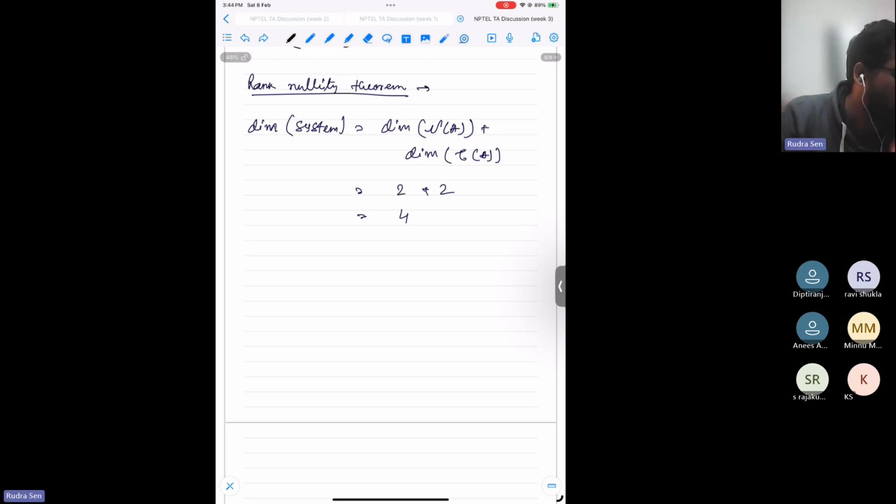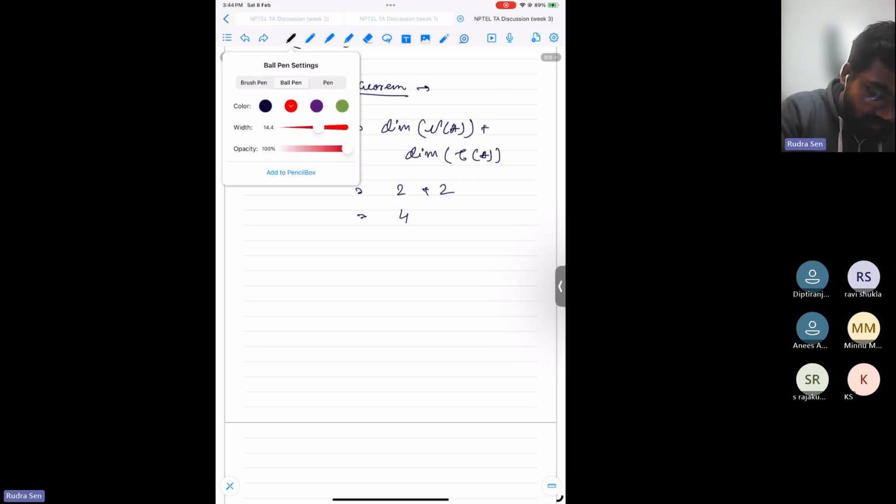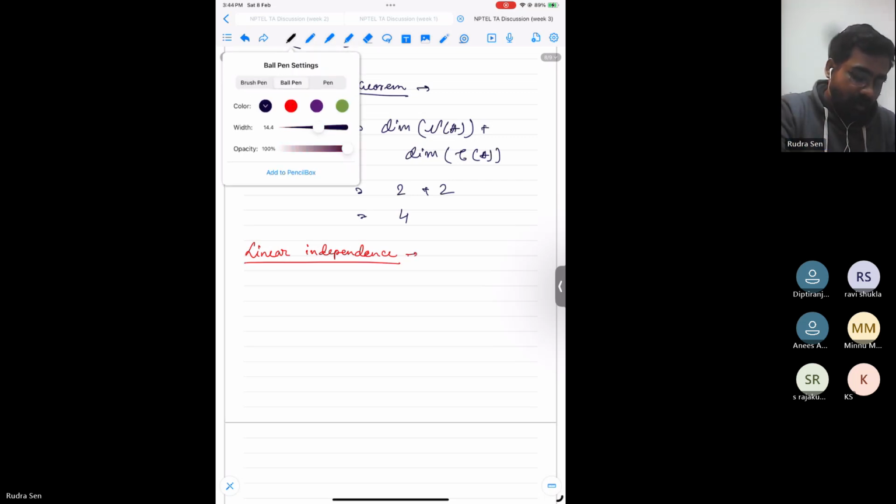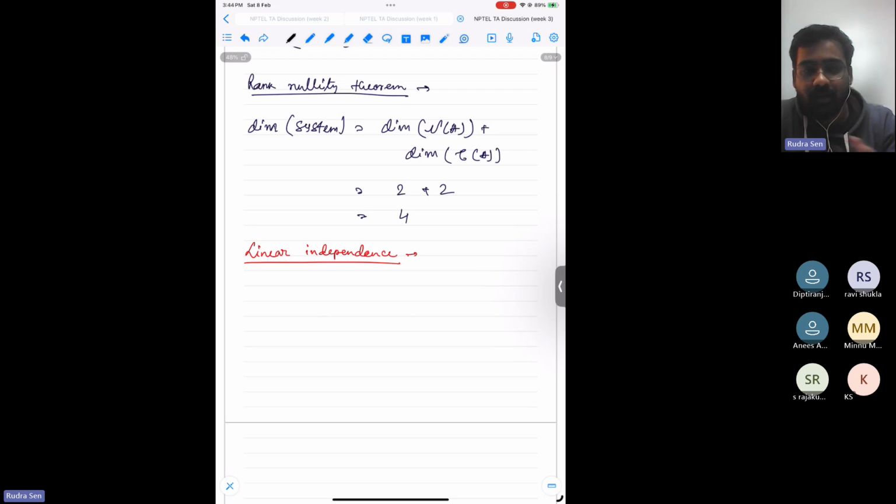Now move to linear independence. Every time I said that two vectors are linearly independent.